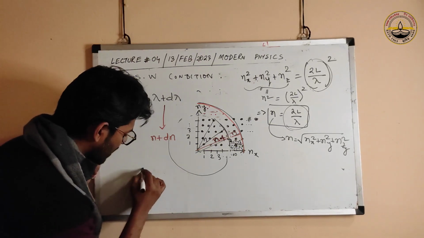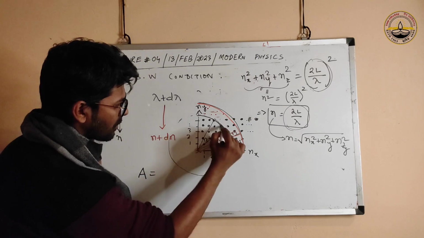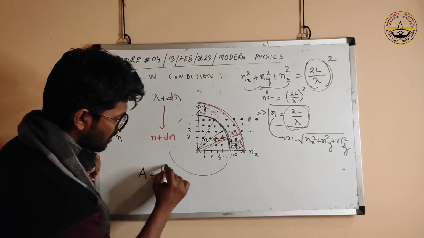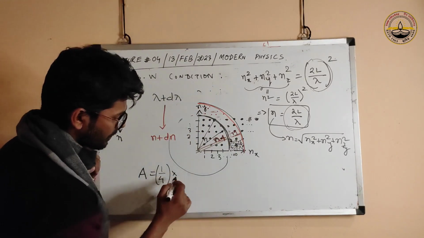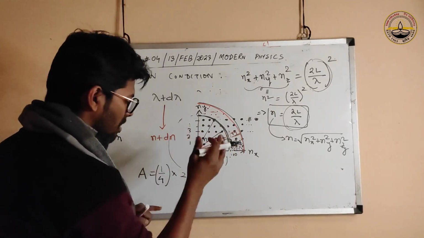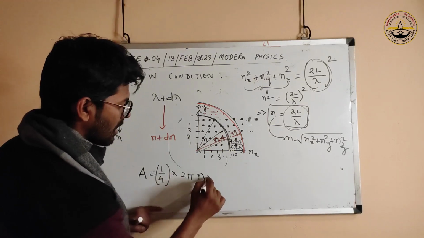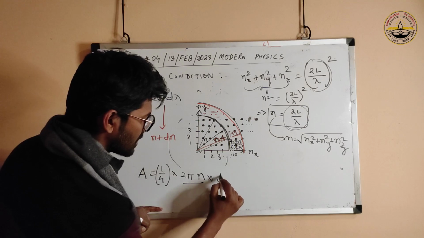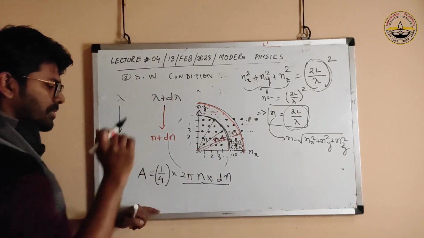Anyway, the area of this strip would be the perimeter, the length of this, which will be 1/4, because we are taking only the 1/4 part, times 2 pi r. So what is r? In our case, that's n. This is the length times the thickness, dn. And that will be the area of this particular strip.